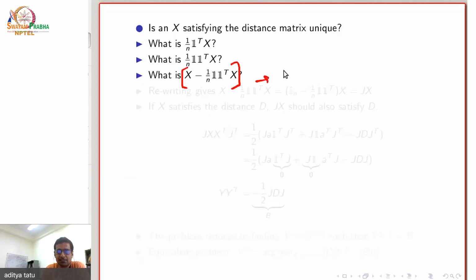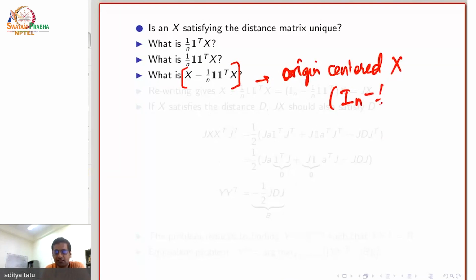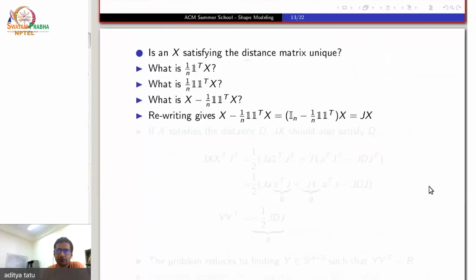So this is this origin centered X. Right? And another way to write this is just the n dimensional identity matrix minus 1 by n 1 1 transpose times X. Okay. And this matrix is going to play a very important role in MDS, multidimensional scaling. We'll denote it by the alphabet J.